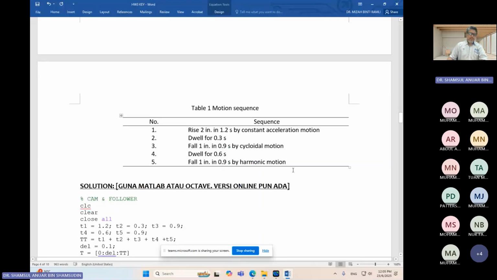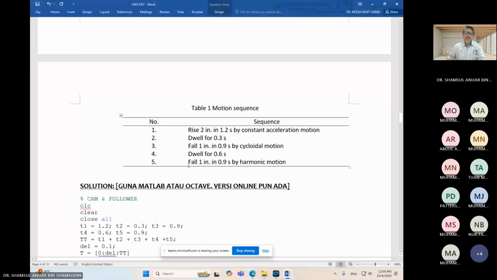So usually the question will be like this. The motion sequence. You are going to be given the motion sequence, how your cam will behave. So the first one, it will rise. So all this is describing one full rotation of the cam, 360 degrees.